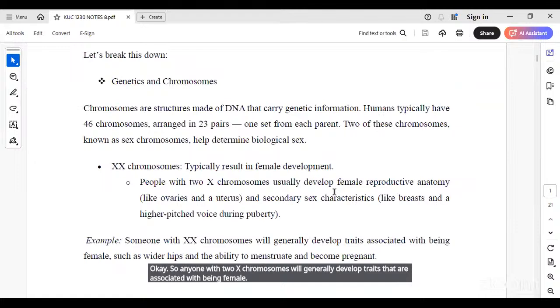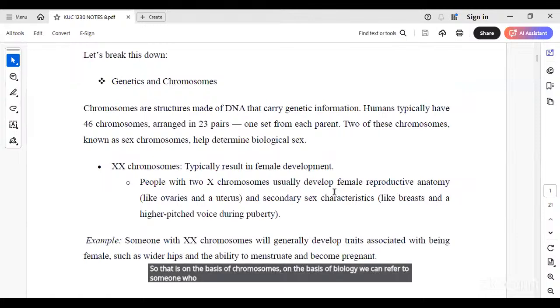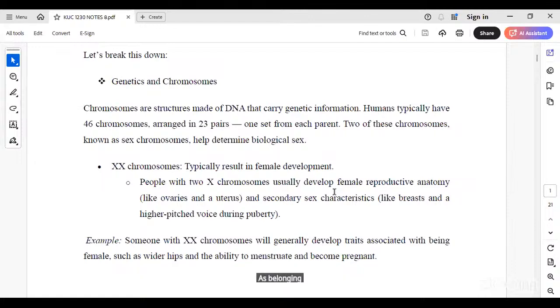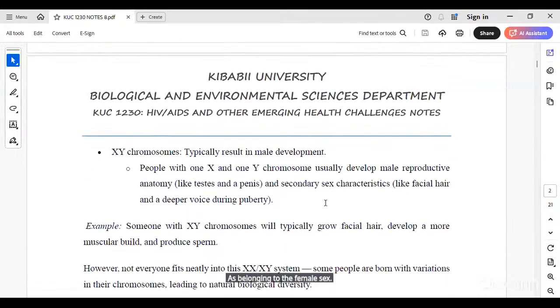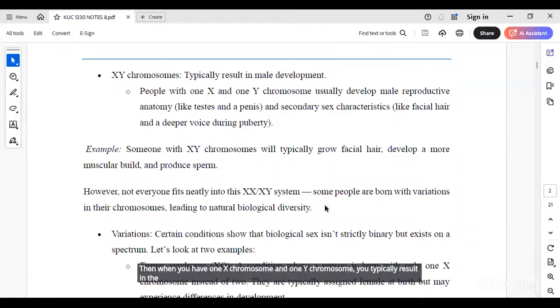So that is on the basis of chromosomes, on the basis of biology, we can refer to someone who has two X chromosomes as belonging to the female sex. Then when you have one X chromosome and one Y chromosome, you typically result in the development of a male sex. So we refer to you as a male.